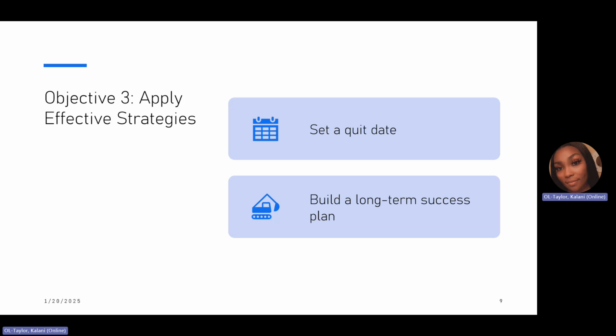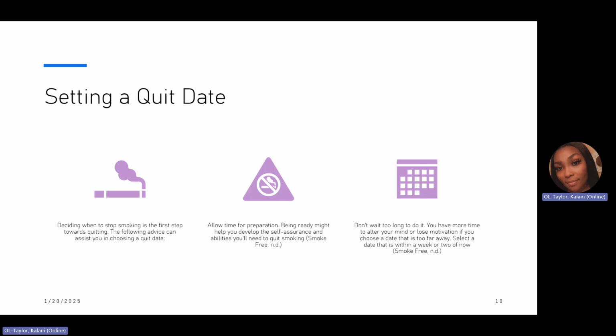The third objective is to apply effective strategies. This is where we teach people in the community how to stop smoking. Step one is to set a quit date, and step two is to build a long-term success plan. Setting a quit date looks like when you decide to stop smoking for the first step. But following that, you need to have assistance and things in place to make sure that you follow through.